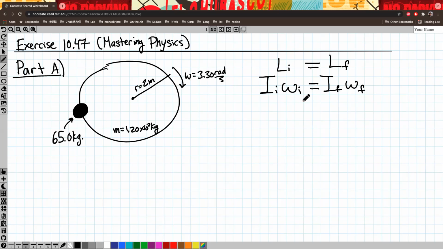All right. So now that we have this, we have I initial omega initial equal to I final omega final.